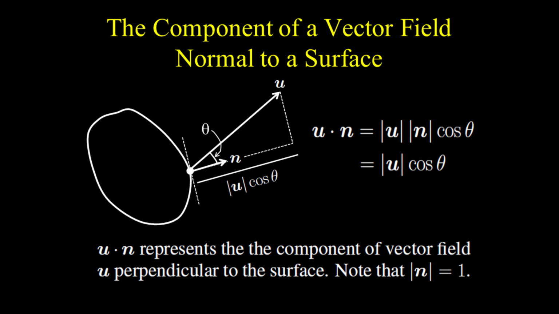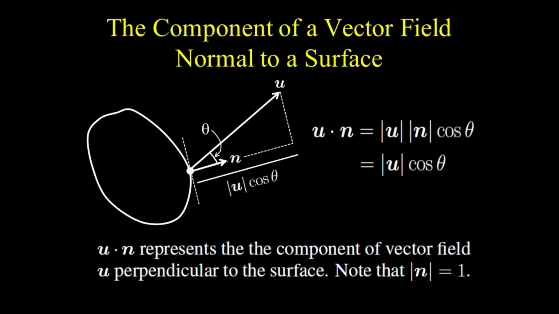If theta equals 90 degrees, U is perpendicular to n, which means that the vector field is parallel to the surface, and U dot n is 0. So in this case, the component of U perpendicular to the surface is 0.